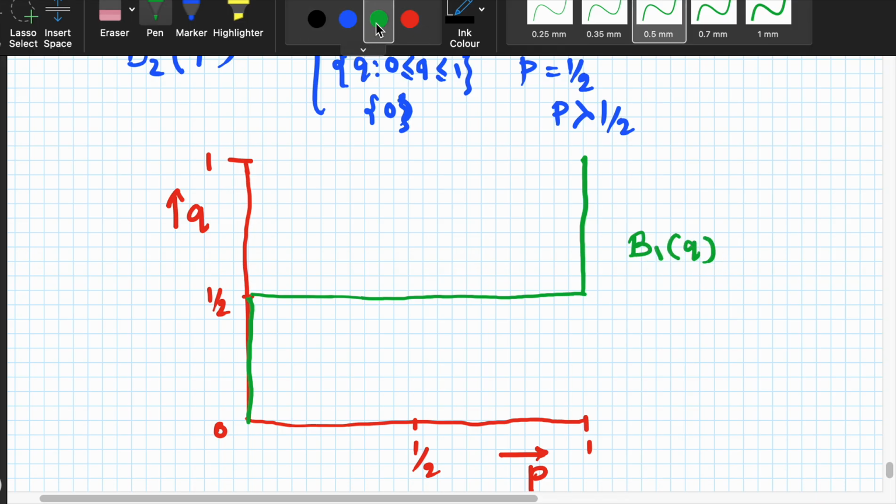Now what will be the best response function of player 2?